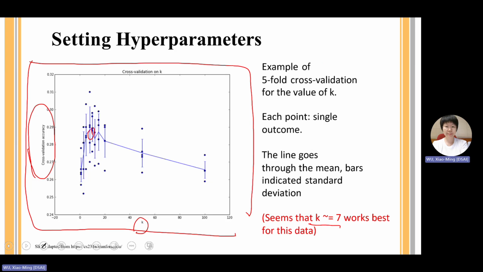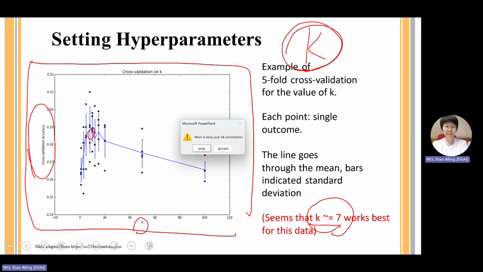In the following, we are going to introduce why the selection of K matters, and how to select the appropriate K for your applications.